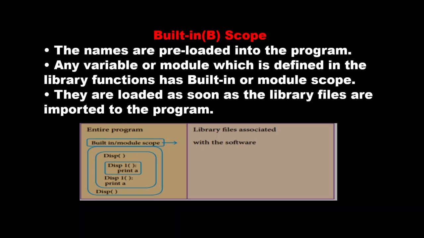So a built-in scope variable or built-in scope function is a function which is already created in the programming language. It is a pre-built name. It is created with a particular purpose. When do we access it? It can be accessed when the library files are loaded into the program or imported into the program.